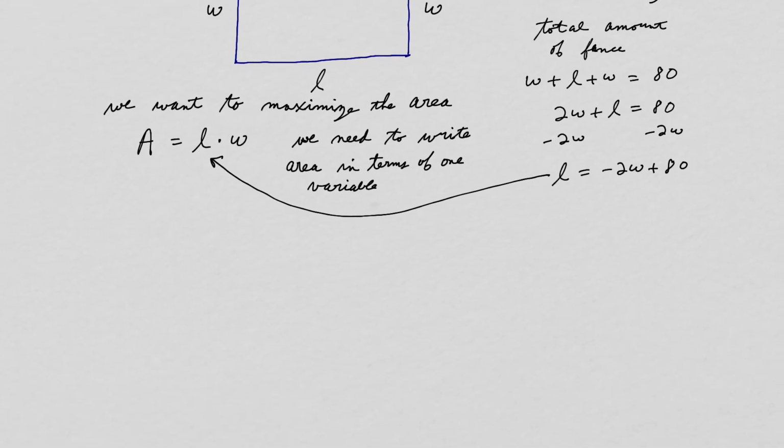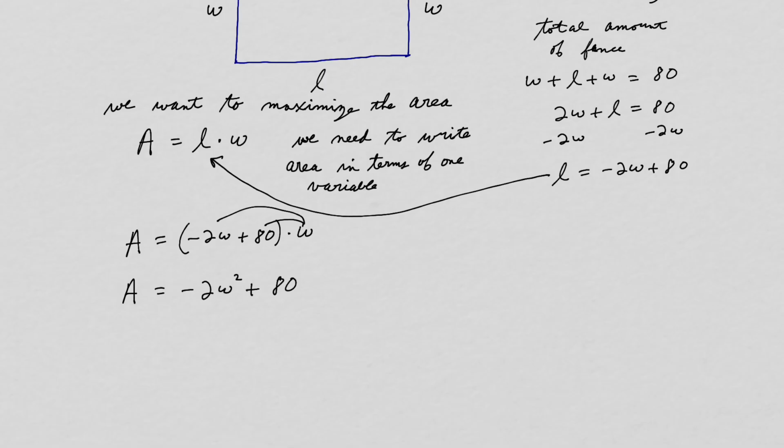So now this becomes A equals L, which is negative 2W plus 80, times W, right? I still have to multiply by this W here, so times W. I can distribute in that W, so I'm going to have A is equal to negative 2W squared plus 80W. And so now my function is just in terms of W, which is what I want, right?